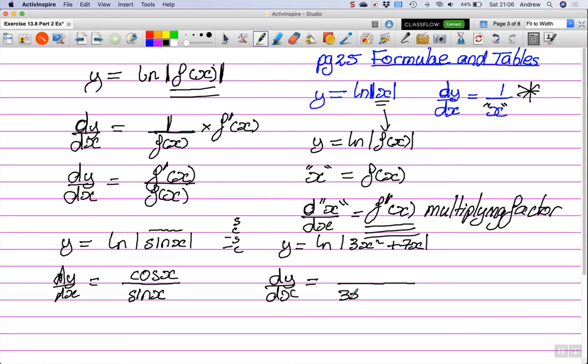What was inside, 3x squared plus 7x. What goes on top? The differential of the bottom. Differentiating the bottom, 2 on 3 is 6, so it's 6x. Differential of plus 7x is plus 7. And that's the end of the activity.